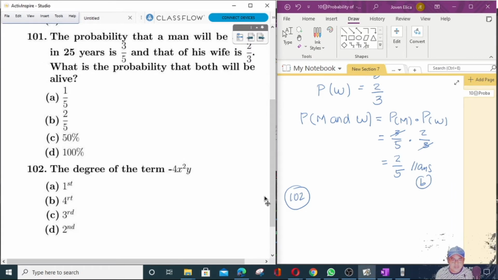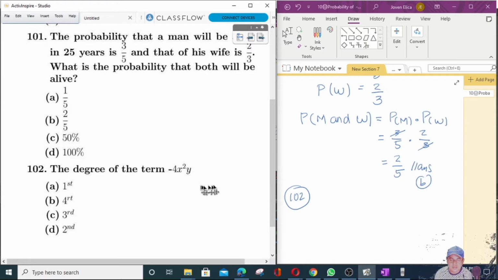Alright, question 102, let's proceed. This is very easy. The degree of the term negative 4x squared y is what? We are talking here of the degree of the term. When we talk about the degree, this is the exponent of a given variable.